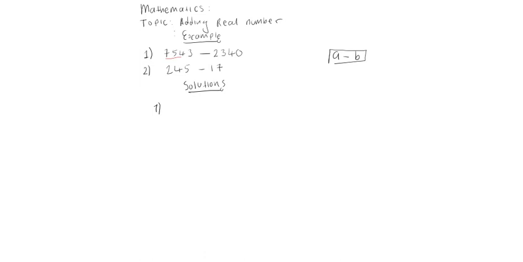The first number will be the top number, so I'll write 7, 5, 4, 3. Then I'm going to add a subtraction sign there because I'm subtracting this number from this number. I'm going to arrange the second number down here.